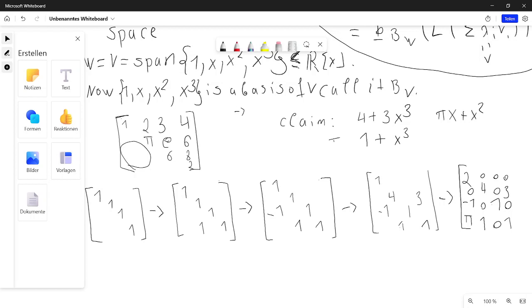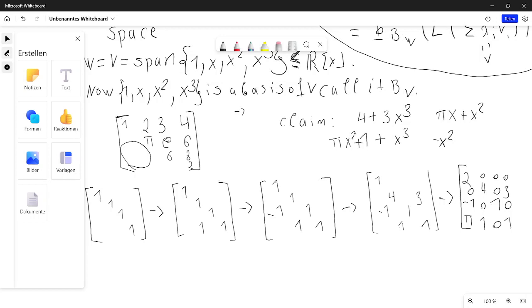Let's say we have pi x squared plus 1. Okay, pi x squared plus 1 plus x to the power of 3 minus 1, minus x squared. That is, x is missing. No, x isn't missing anymore.